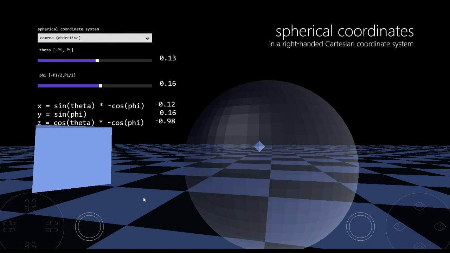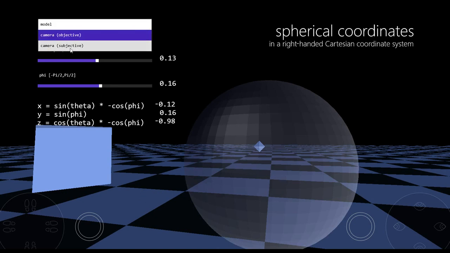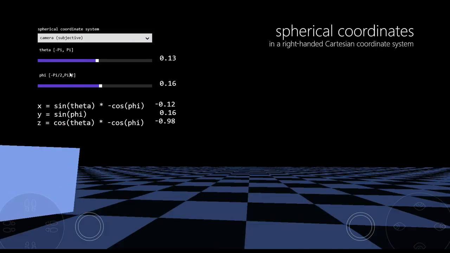And now, just for a bit of variety, let's change the view to a subjective camera view. So essentially we're just going to teleport ourselves into the centre of that sphere and be the camera that we were pretending was there a moment ago. So this subjective camera view uses the same formulas that we just talked about.